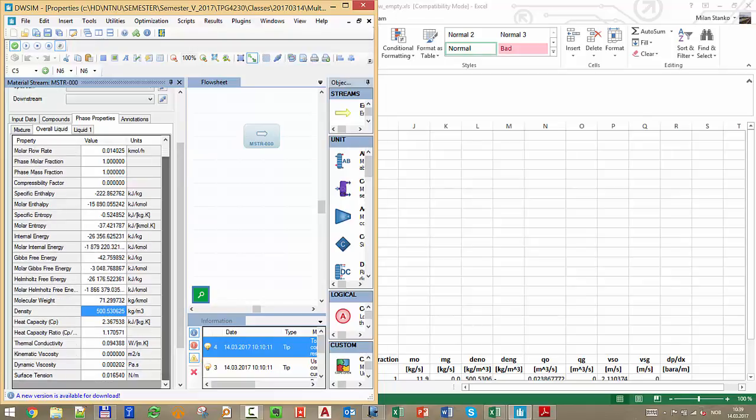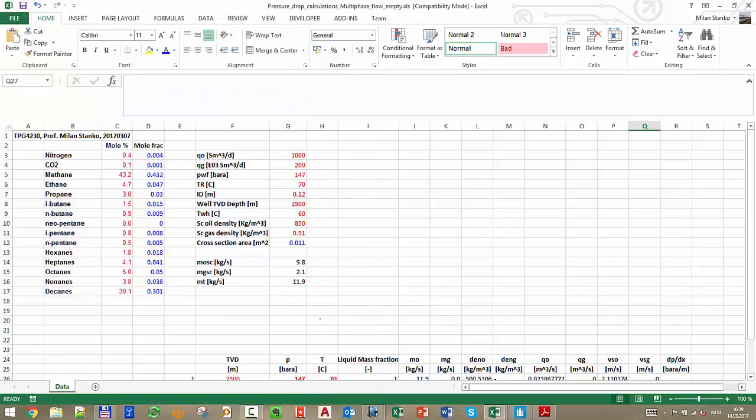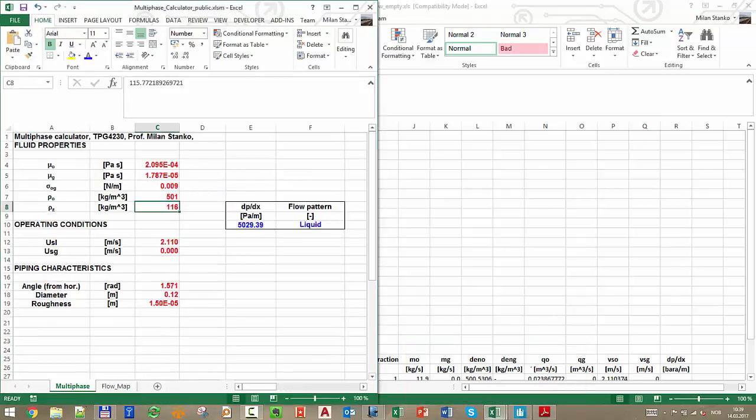So the viscosity of the oil is dynamic viscosity, okay, 2.02 to the -4. And how much is that in centipoise? I think here we need it in centipoise. No, in Pascal per second.